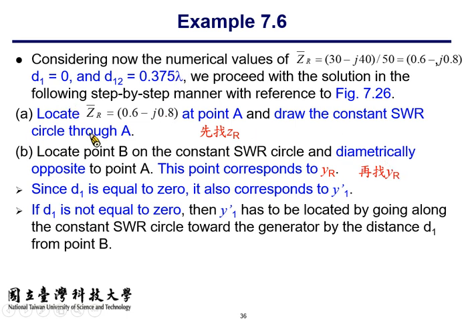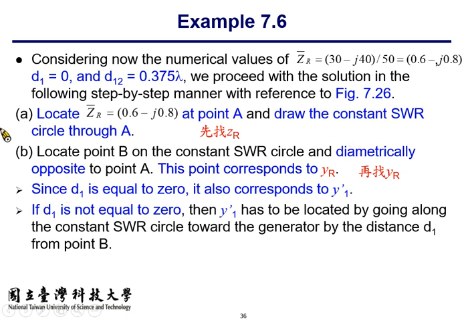So the first step is to locate the impedance of point A, that is 0.6 minus j0.8. Once you have found the location of point A, you can draw a constant SWR circle that goes through point A. For double stub matching and single stub matching procedures, it's more convenient to work with the admittance.